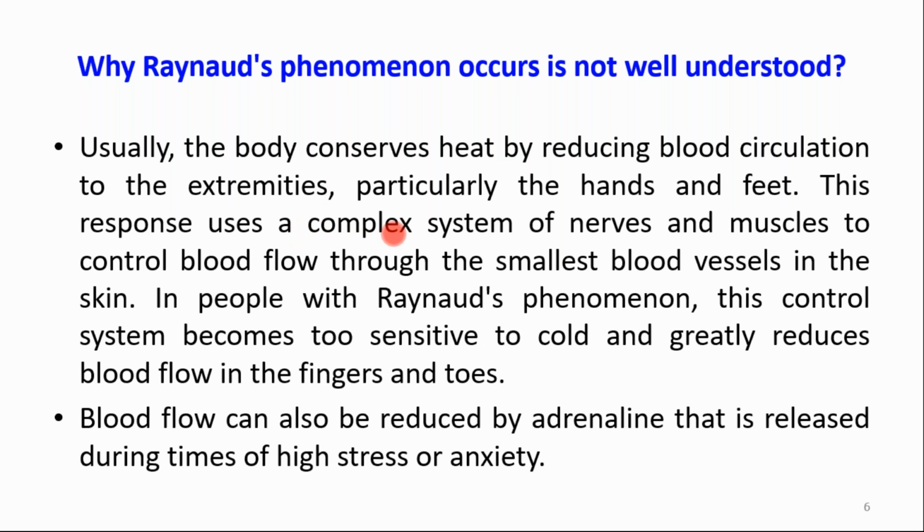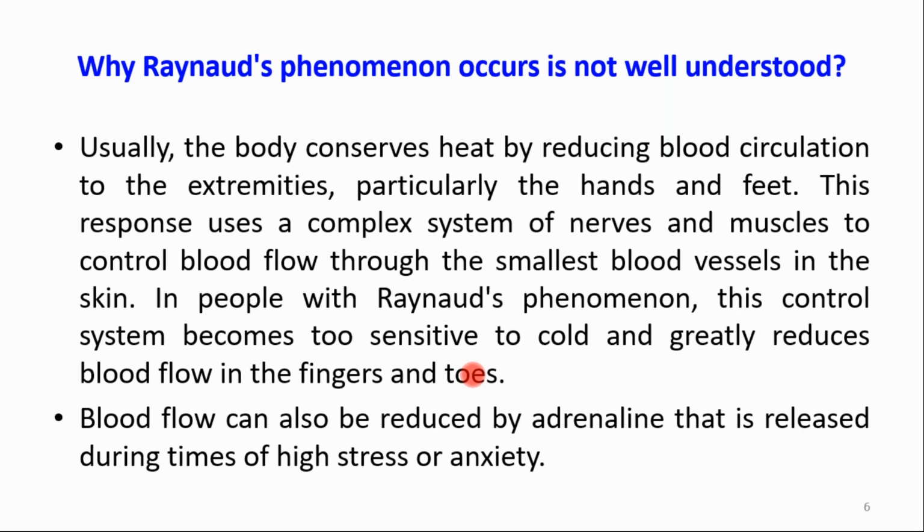This response uses the complex systems of nerves and muscles to control the blood flow through the smallest blood vessels in the skin. In people with Raynaud's phenomenon, these control systems become too sensitive to cold and greatly reduce the blood flow in the fingers and the toes.